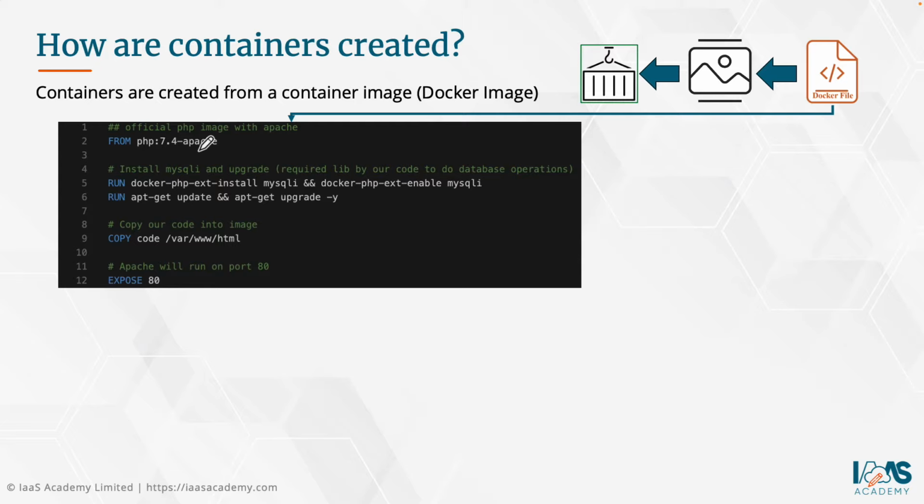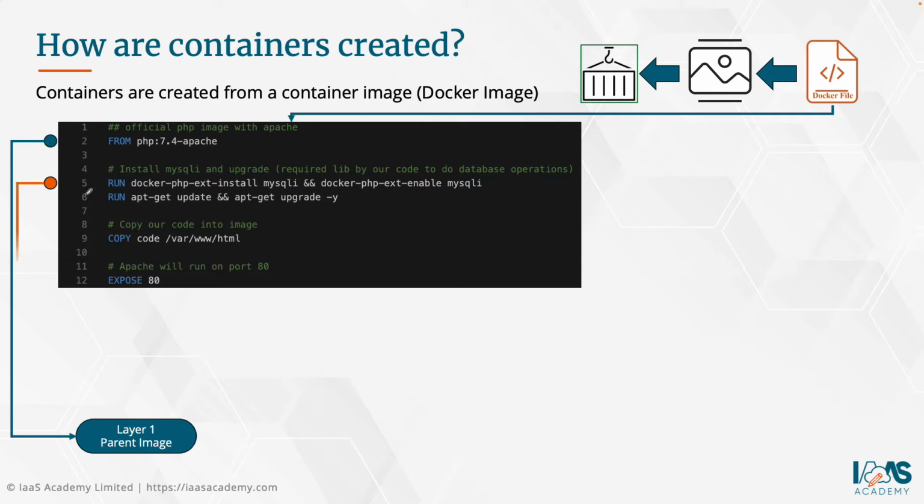Usually this involves downloading a pre-configured parent image. It could be the application component of an operating system, or in this case, we're trying to set up PHP and the Apache service. But we always start with some form of base image, what we call the parent image. Then we're running the next command where we're adding the extensions to MySQL, and that becomes layer 2.